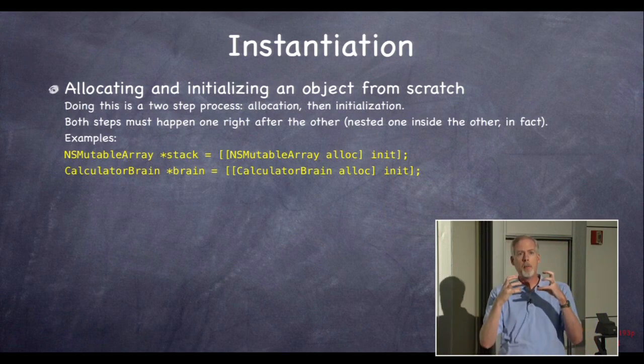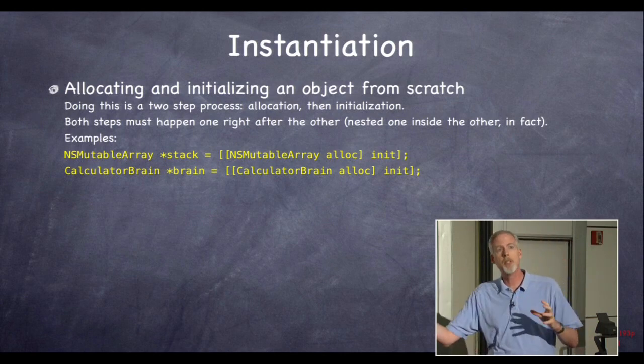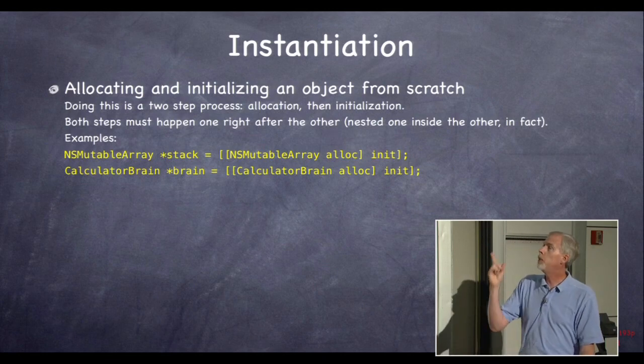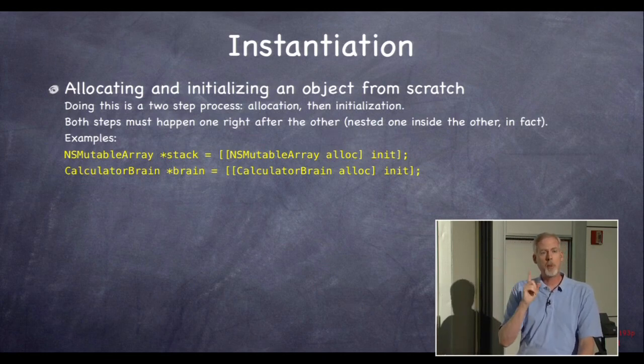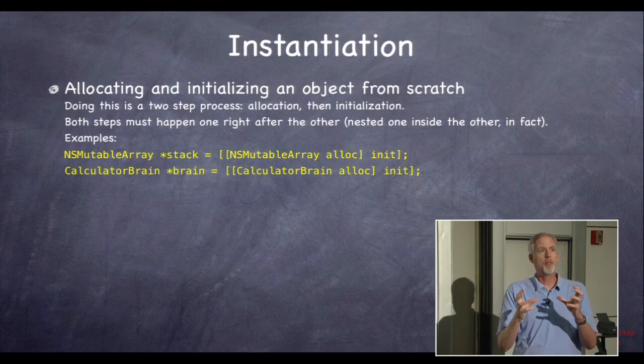So we get the alloc back from this class method, and then we send it init right away, or init with something. And you'll see that you can have multiple kinds of init methods, all right? So we always do it nested like this, always. That's what we did in the walkthrough, and you always do it in this class. Never say alloc by itself. And then on another line, even the next line, do the init. Always nest them like this, always, okay?